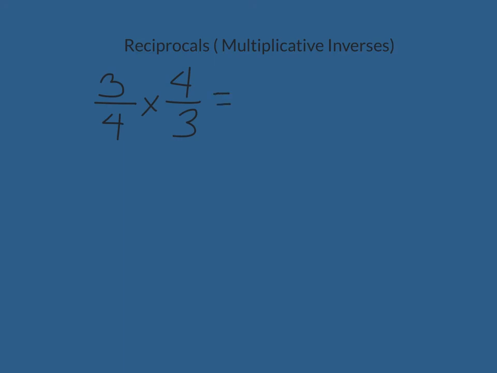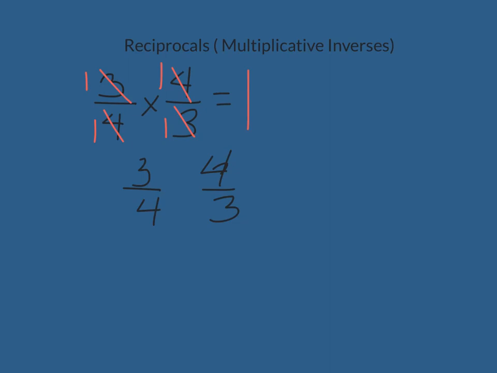Let's see what that equals. 3 and 3 are both divisible by 3 and we get 1's. 4 and 4 are both divisible by 4 and you get 1's. So that equals 1. So if this happens, we know that 3/4 and 4/3 are reciprocals. They're flipped over from each other, so they're like the opposite.